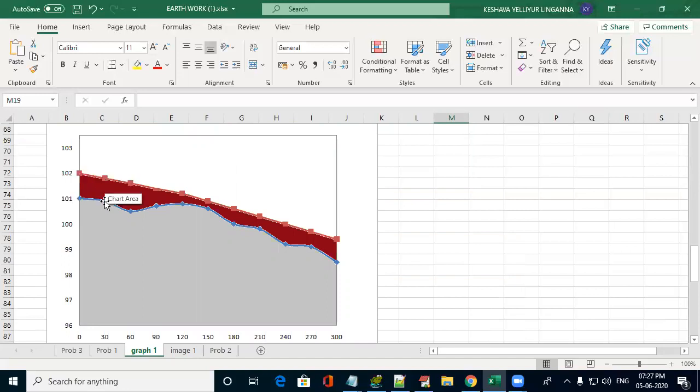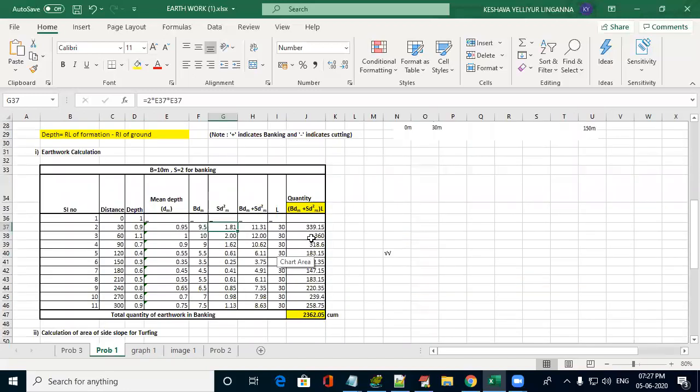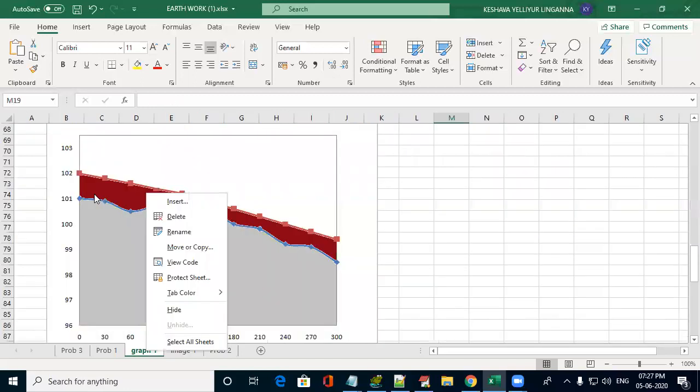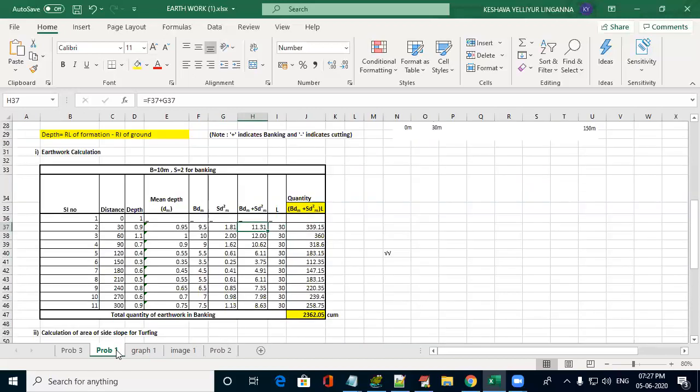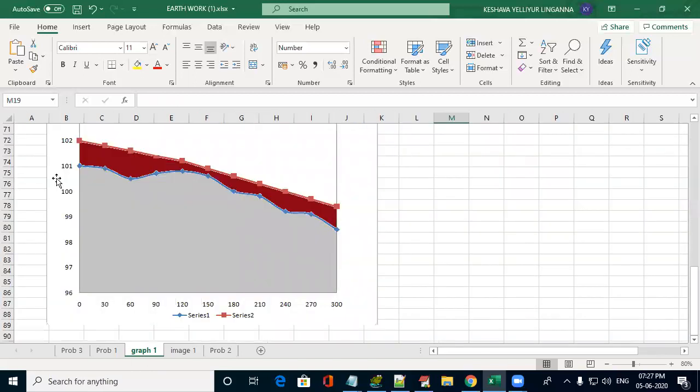Similarly, the next value will give the volume of this. So this is the first volume, this is the next volume. This 339.15: 11.31 is the cross-sectional area at this point, and 339.15 is the volume of this portion.